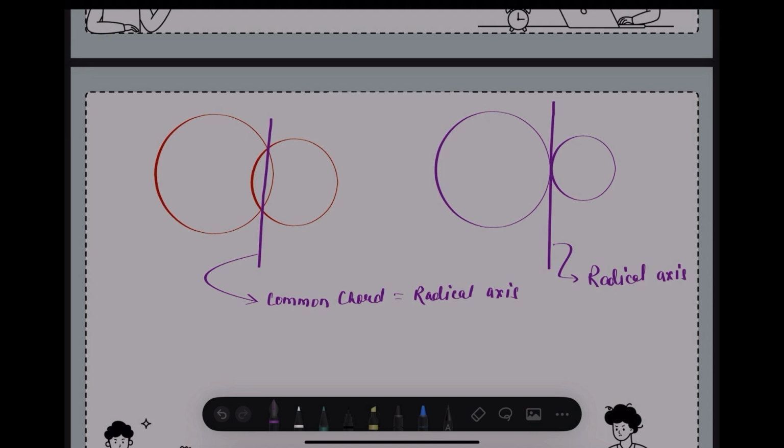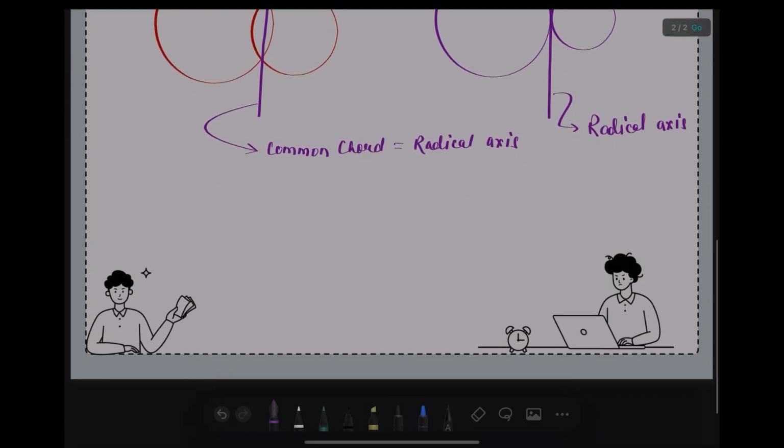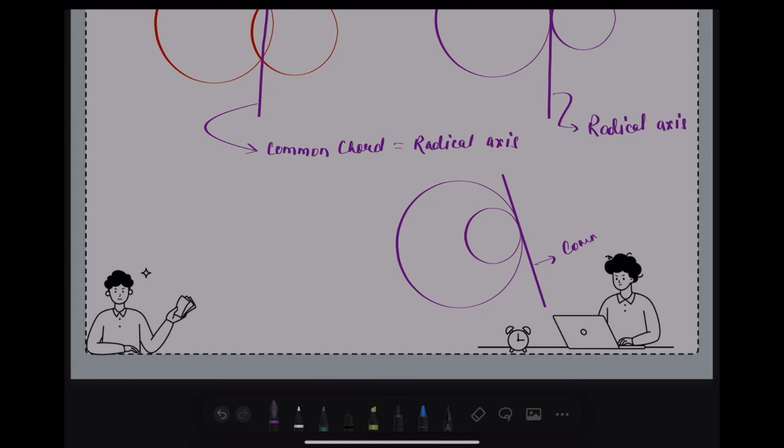Suppose that same situation, if that circle is touching internally also now, and if you want to find out the equation of common tangent, go with radical axis. So this is also a common tangent. And it is again the radical axis as well.